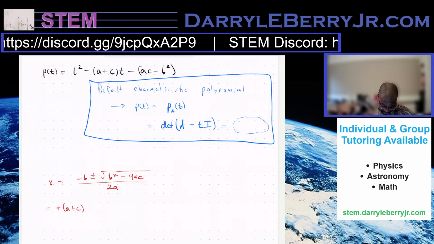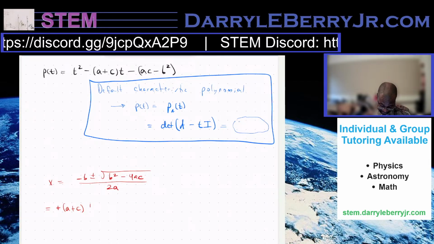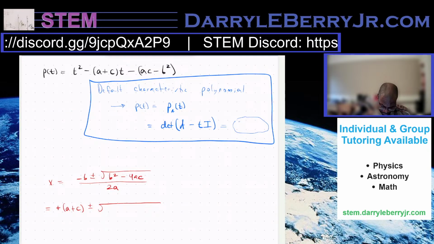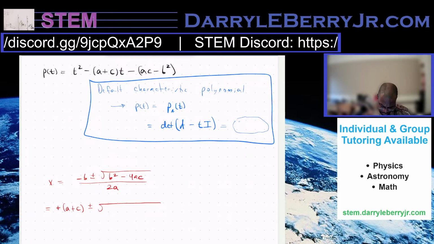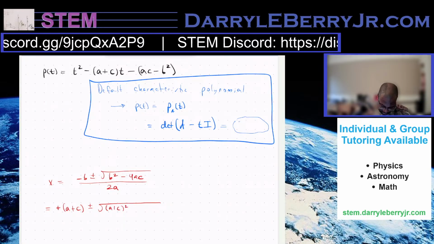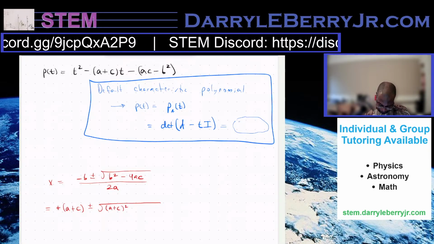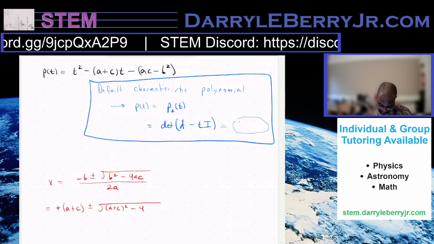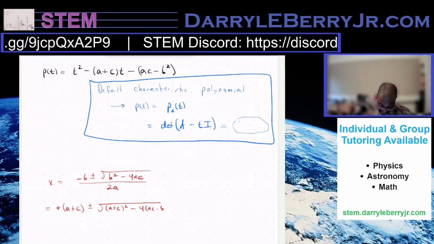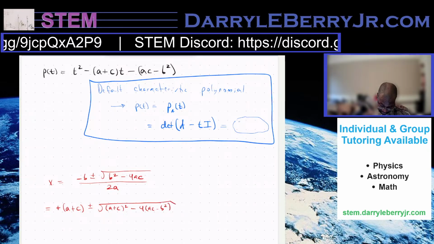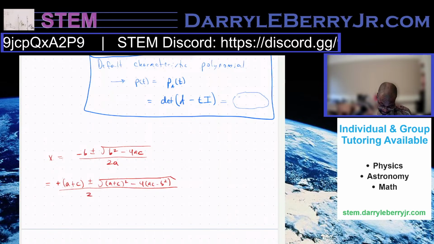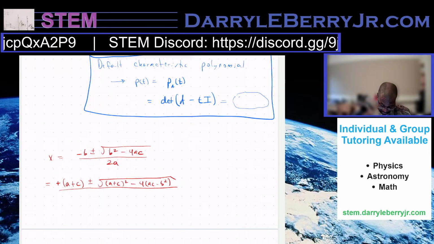I guess I should say plus a plus c since it's already negative, plus minus the square root of (a plus c) squared minus 4 times 1 times (ac minus b squared), all over 2 times 1.